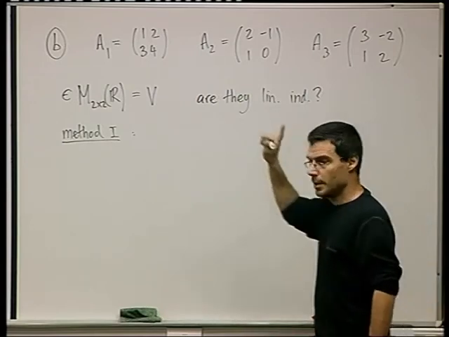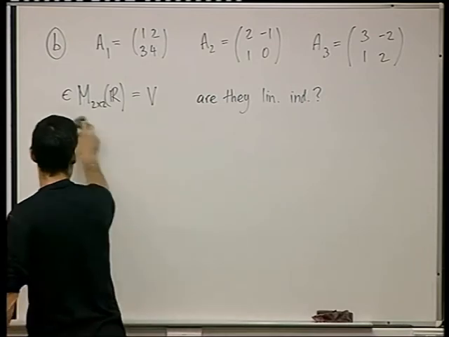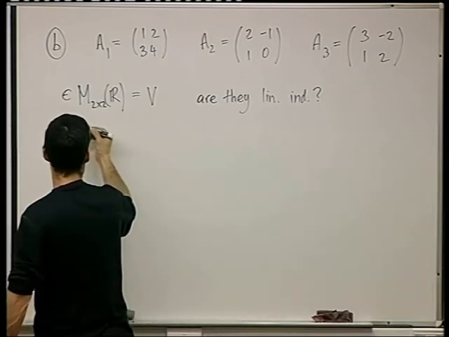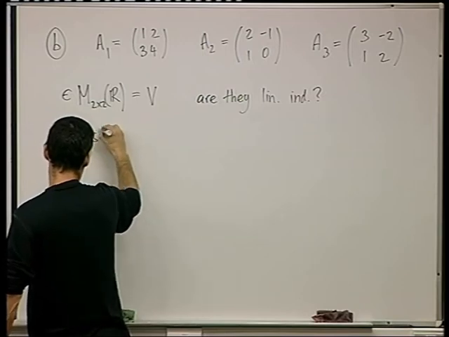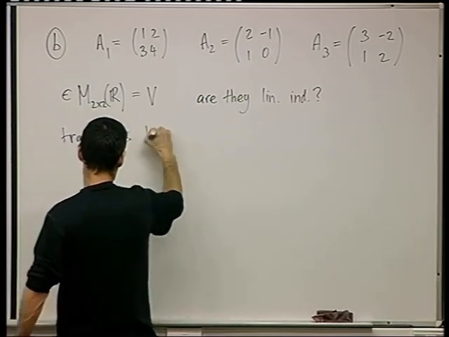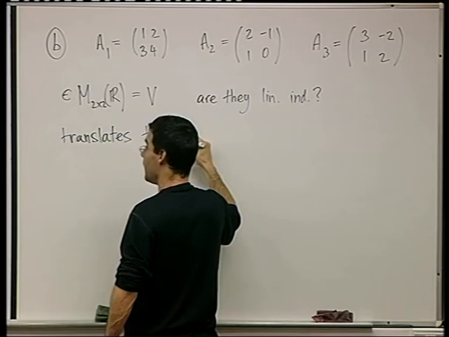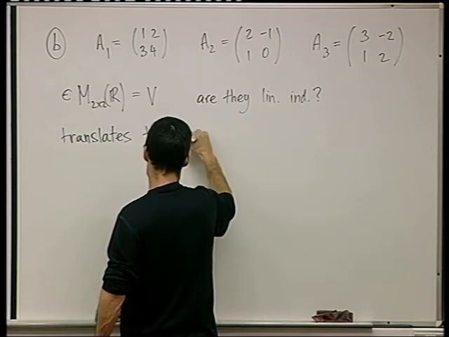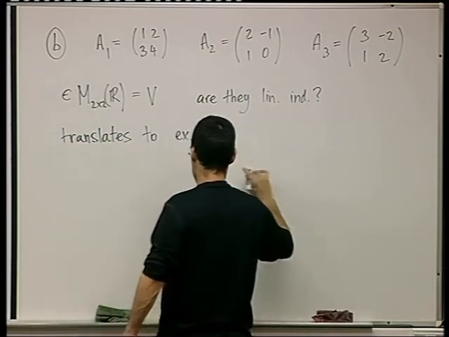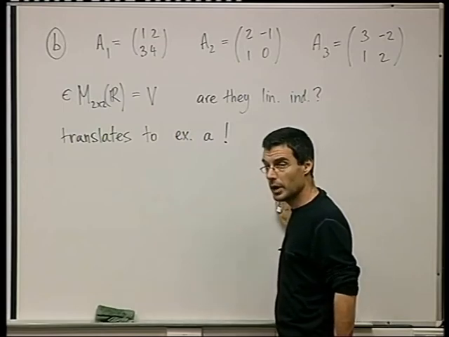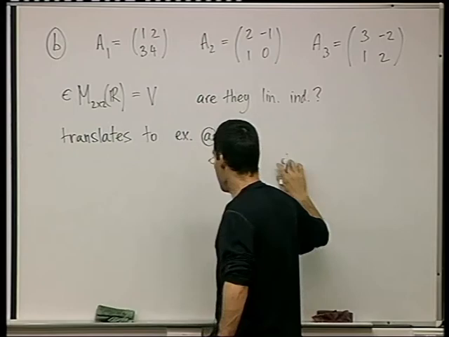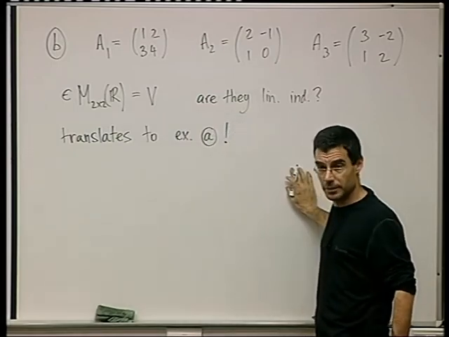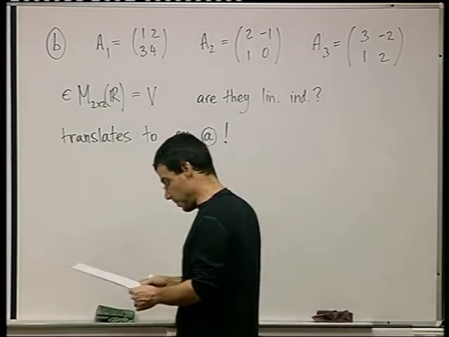Okay? But that's not all. Okay, so I'm not going to write this. Let's just write, translates to example A. Do you agree? Okay? By both methods, you get the exact same thing and the same results. Okay? Let's take this a step further.